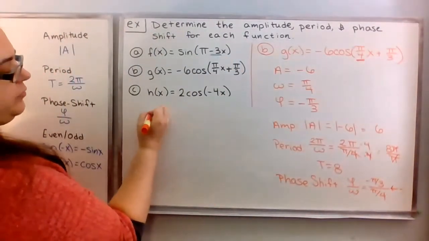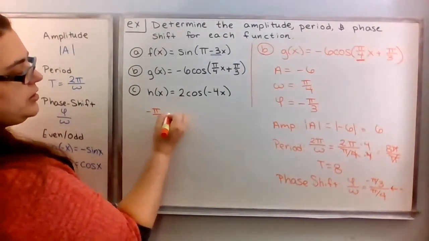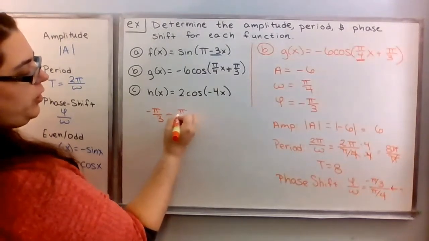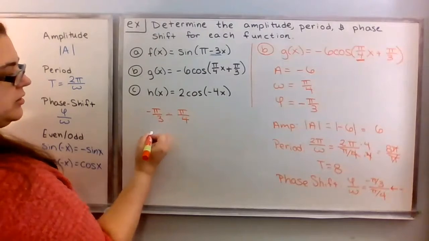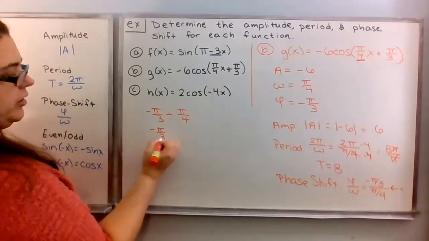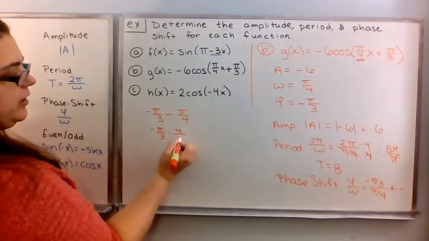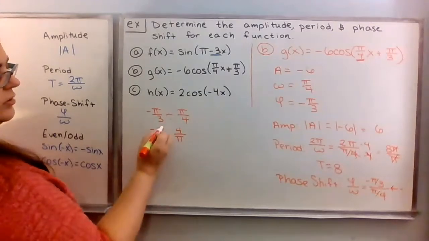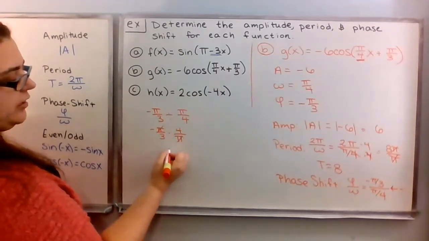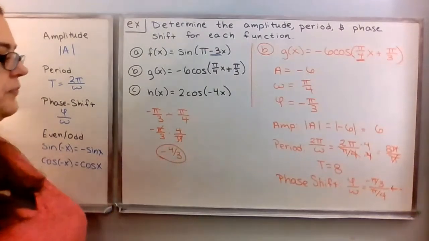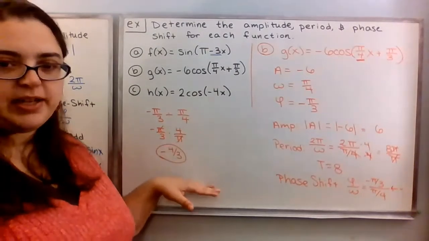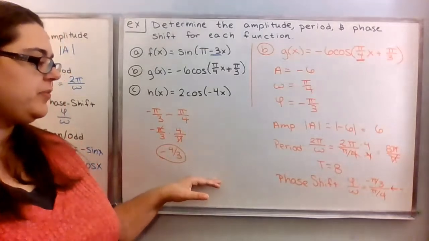So I've got negative pi thirds divided by pi over 4. And then this will be negative pi over 3 times 4 over pi. So our pi's cancel and we get negative 4 thirds. So our phase shift is going to be negative 4 thirds.